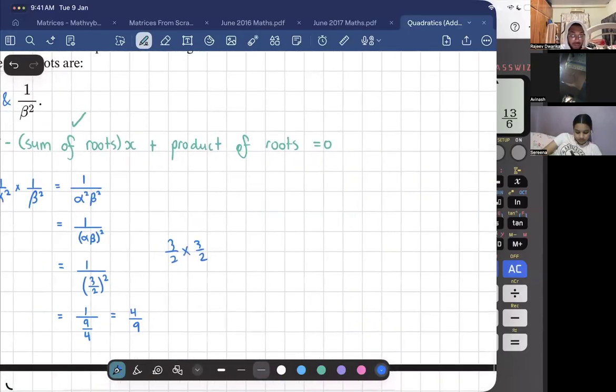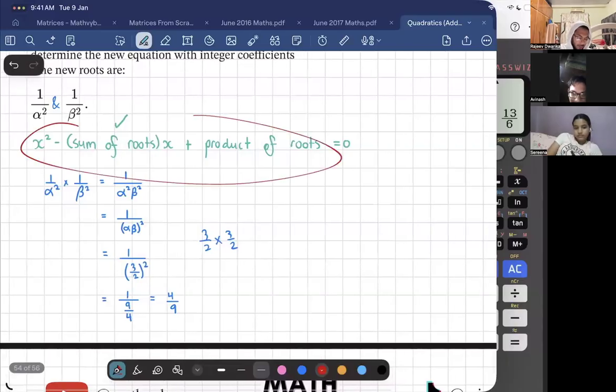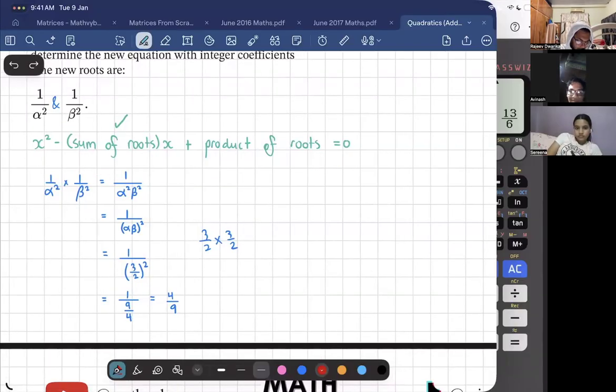So let's summarize now, Avinash. To figure out the new equation, I'm going to put it into this form above here. So it's going to be x squared minus the sum of the roots. What is the sum of the roots, Avinash? 1 over alpha squared plus 1 over beta squared.